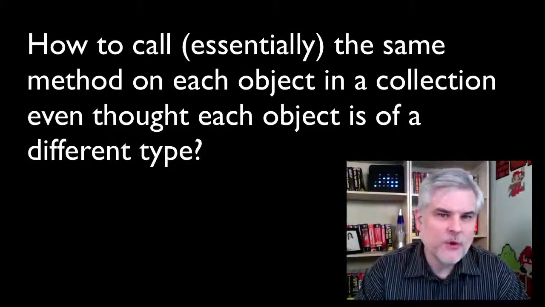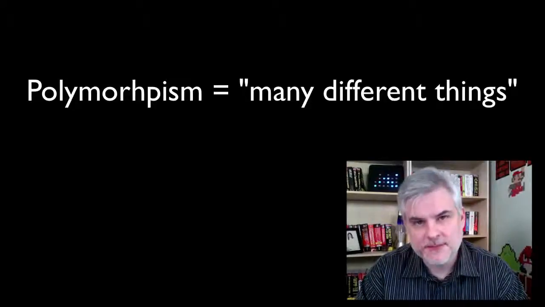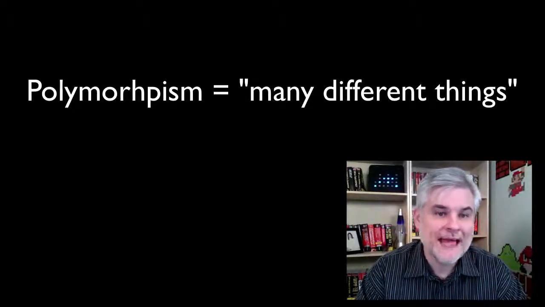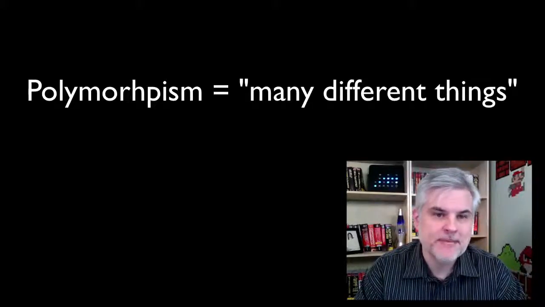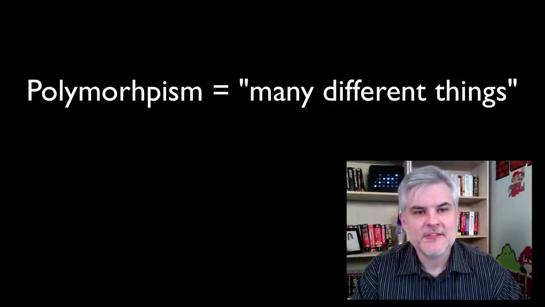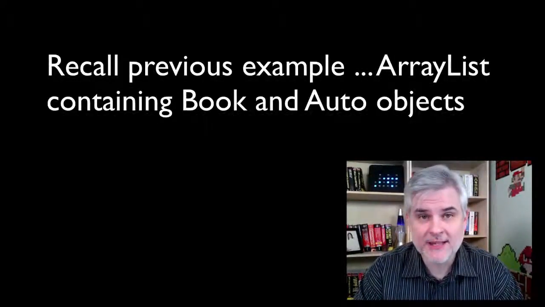By the way, what we're really looking to do here is to implement some form of polymorphism in our code. Polymorphism is the ability for code to act like many different things, but still be treated the same. If you think about the array list, we were able to put both an automobile object and a book object into the same array list.